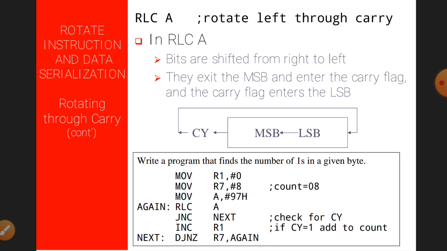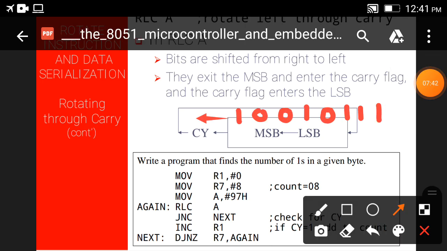Now, at first A has the value 97H. Here we will see how 97H can be written. 97H can be written as 10010111.